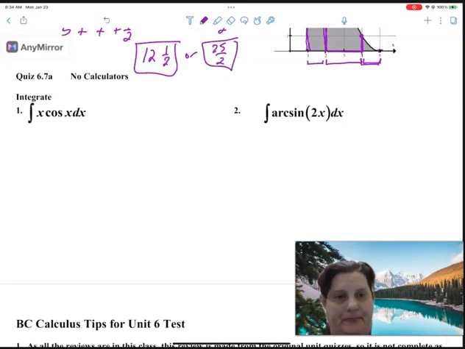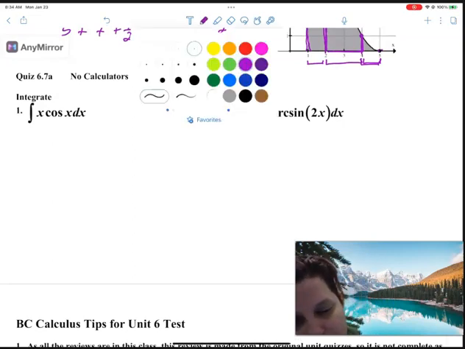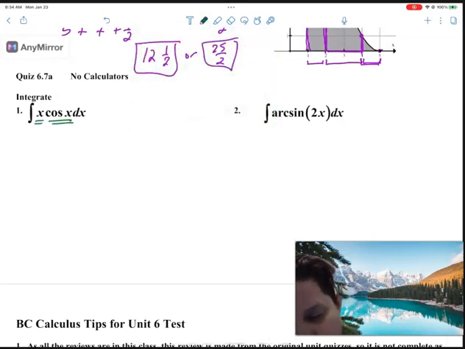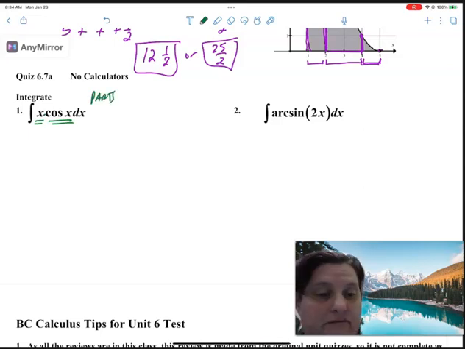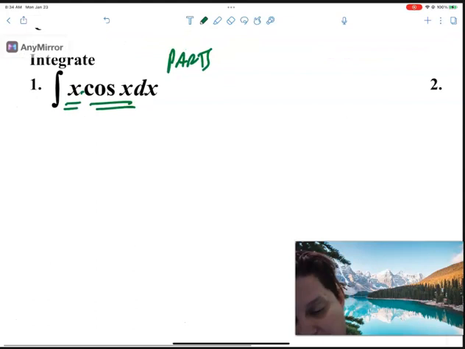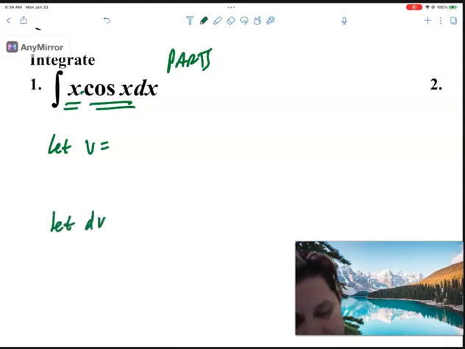When you see something that looks like a product rule, but it's for integrals, a product rule for integrals, it's integration by parts, which is ultraviolet voodoo. So remember, we let u equal something and let dv equal something.